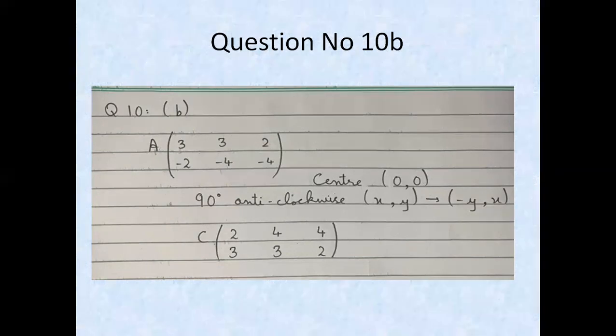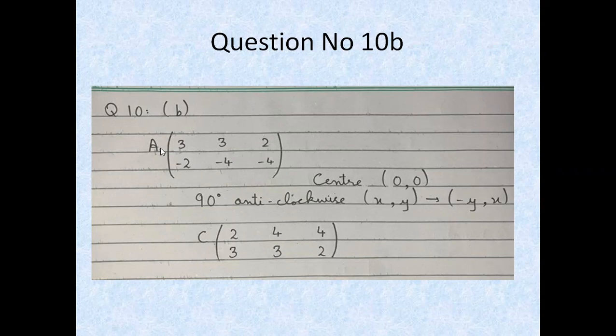For a 90-degree anti-clockwise rotation about the center 0, 0, the coordinates of the object are taken, and we switch the location of their x coordinate and y coordinate with each other, and we change the sign of the new x coordinate.